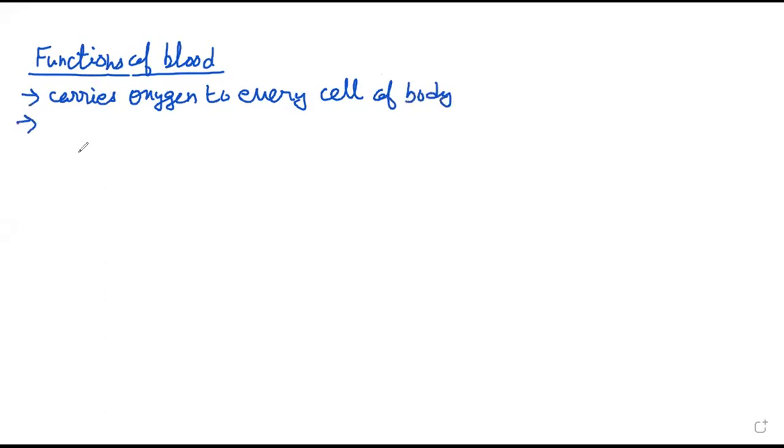Now, we know that oxygen is used up. When we exhale, carbon dioxide is released. How do we collect the carbon dioxide that's exhaled from the body? As blood transports the oxygen to each and every cell, it also collects carbon dioxide from all body parts.